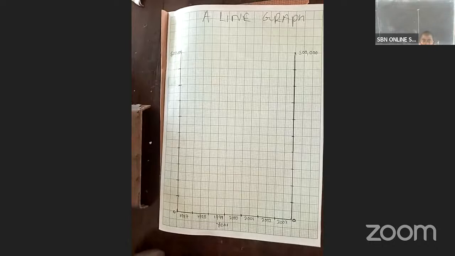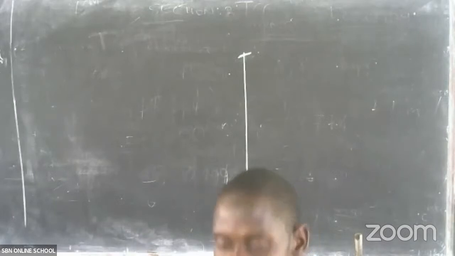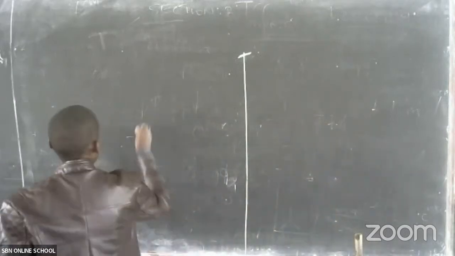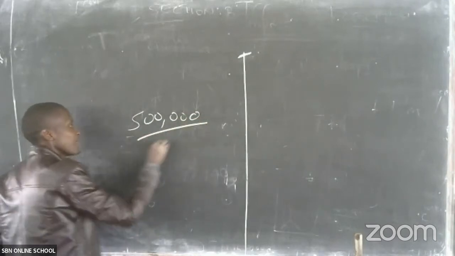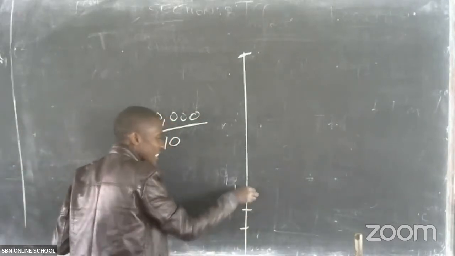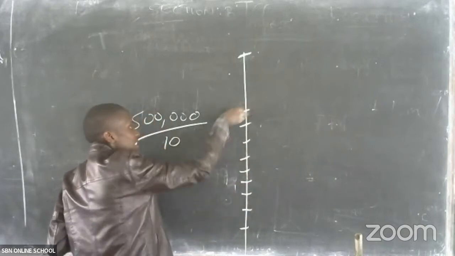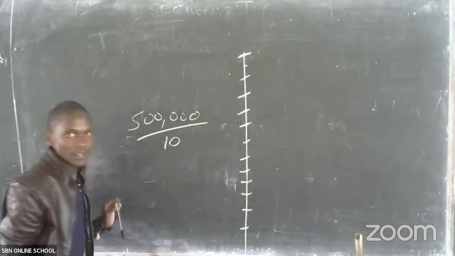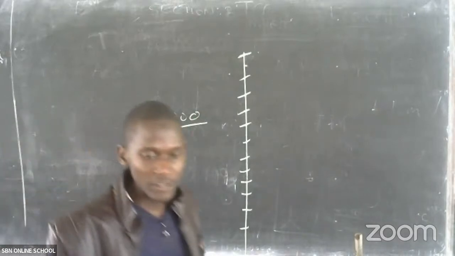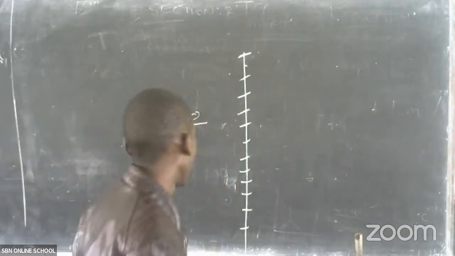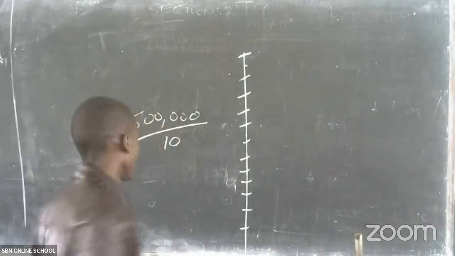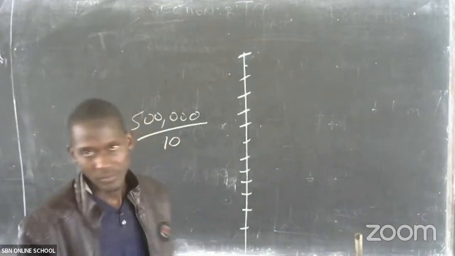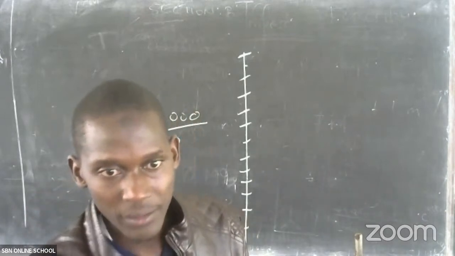Get 500,000. We divide it by 10. We get our highest, the number you have put at the top, and you divide it by the 10 spaces. Remember, there were 10 spaces of 2 centimeters. Are you getting it? Just a minute, girl.